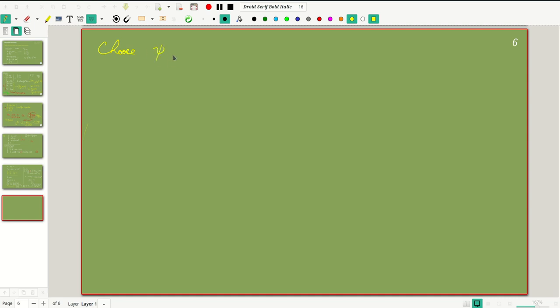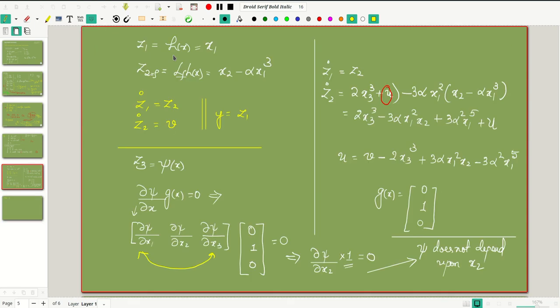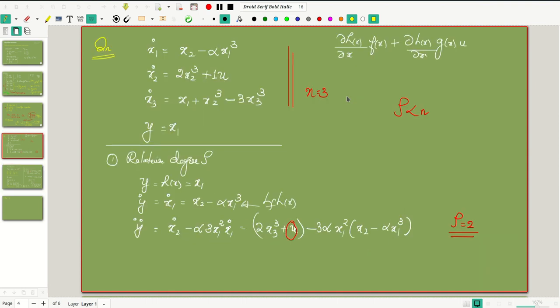So when we choose psi here, we choose it in a slightly nicer way. If you look at the problem, once you start doing a lot of problems, you come to see that when we took the derivatives, y's derivative has x1. If you look at y, we can see that the x1 dot dynamics have been acquired in the y derivative, and in y double dot we came up to rho equal to 2, right?